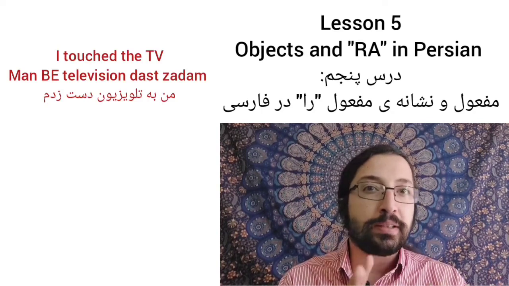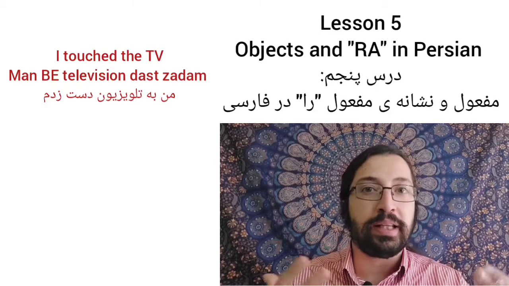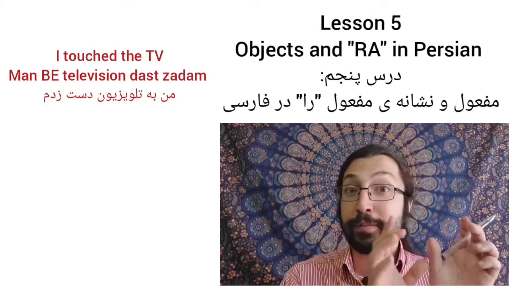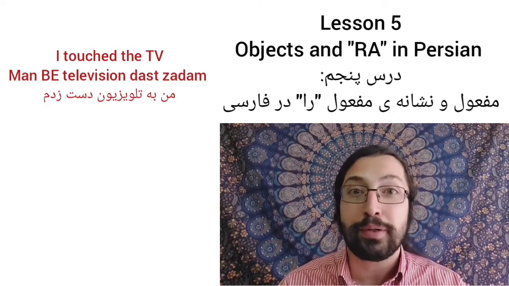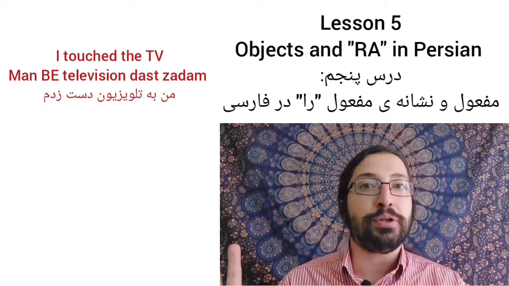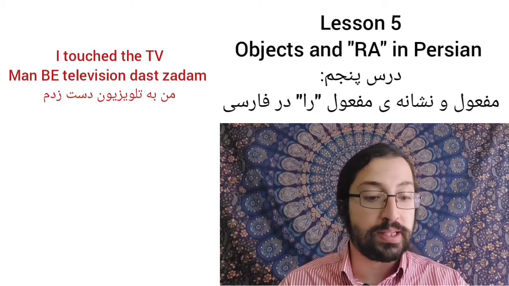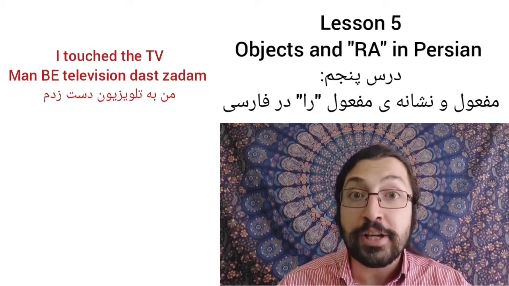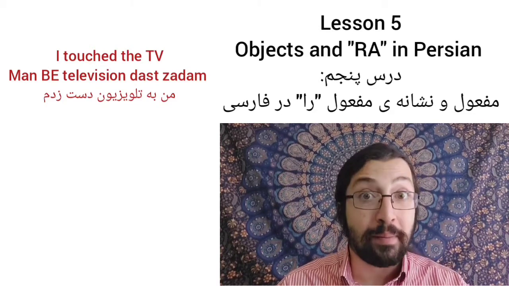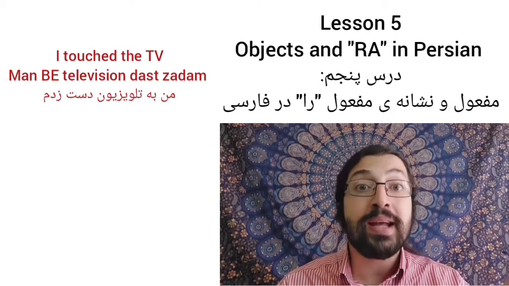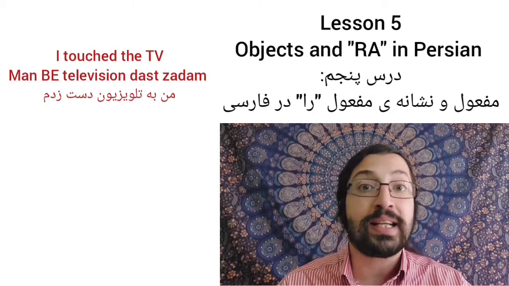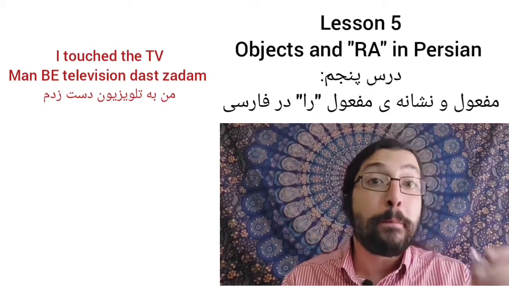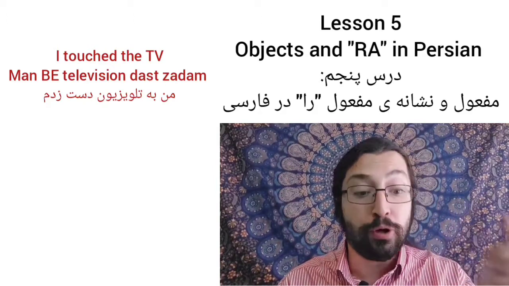TV here seems like the object, and you may think that it needs ra, but actually, because the verb touch needs its own preposition, you don't need to use ra in this sentence. So the sentence will be من به تلویزیون دست زدم, like touched to the TV. As I told you, be in Farsi is to.